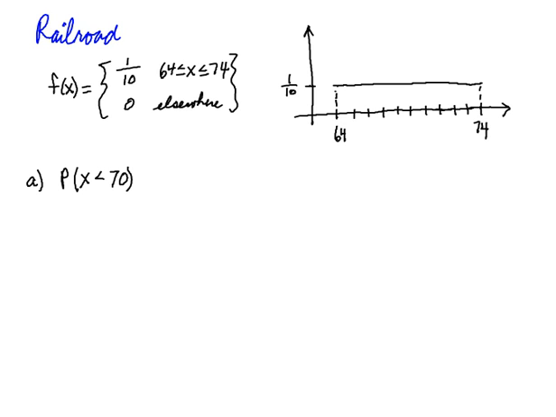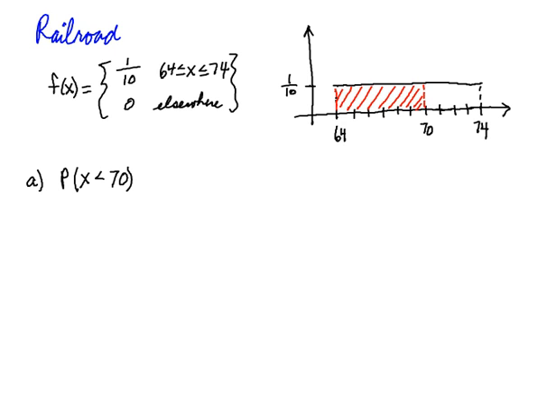So less than 70. 70 is right here in our number line, and the area under the density function below 70 would just be this. And that is the probability that the random variable x will be less than 70.